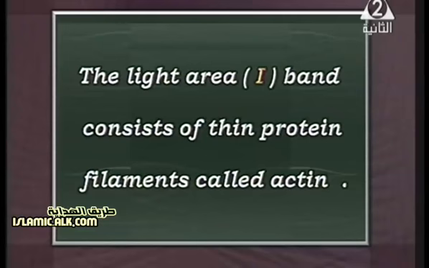The light area is called the I band and consists of thin protein filaments called actin. Again, we have light and dark areas.